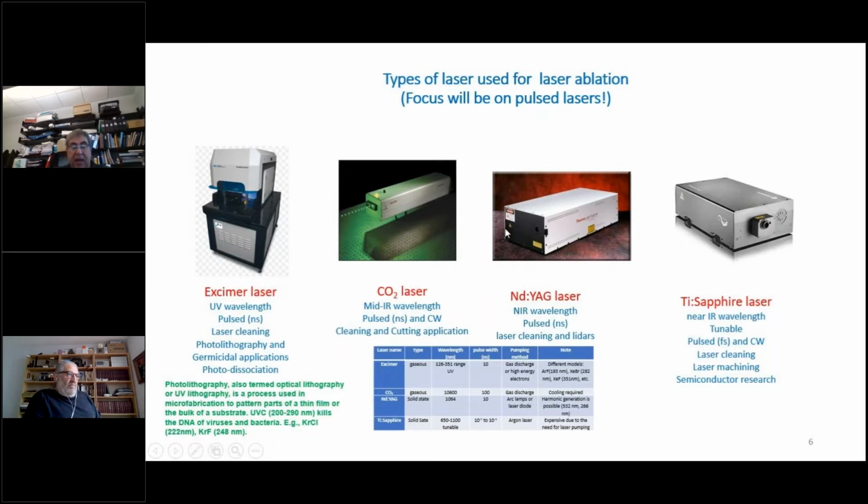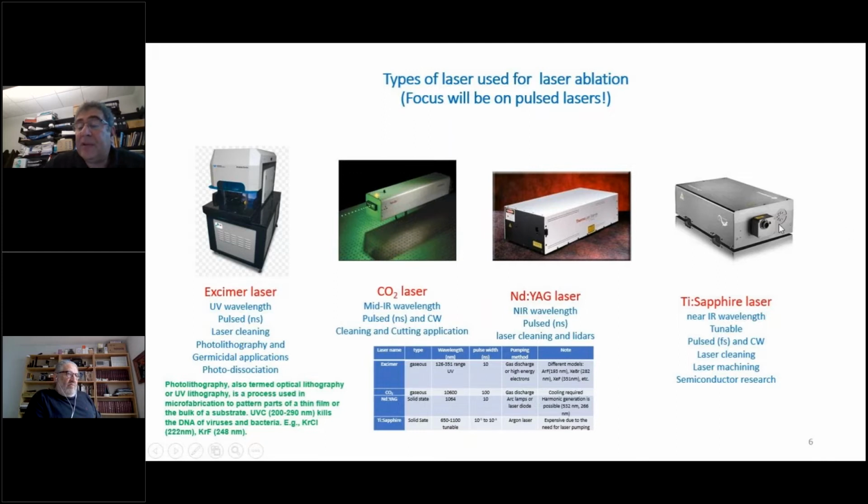And then you have the neodymium YAG laser, a crystal laser at 1064 nanometers. This laser is also very much used in laser cleaning, and is compatible with fiber optic, which is a really great advantage. You can also get the multiple of 1064 at 532 and 266 nanometer by putting a harmonic crystal in front of it.